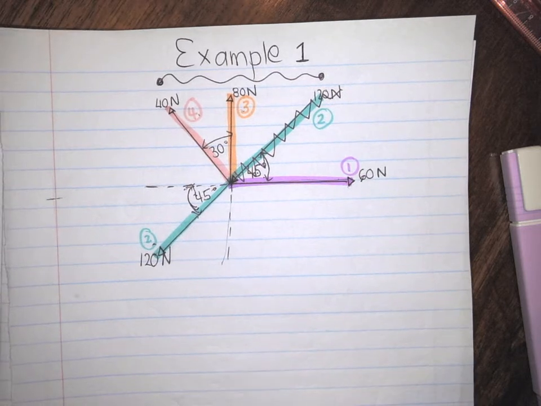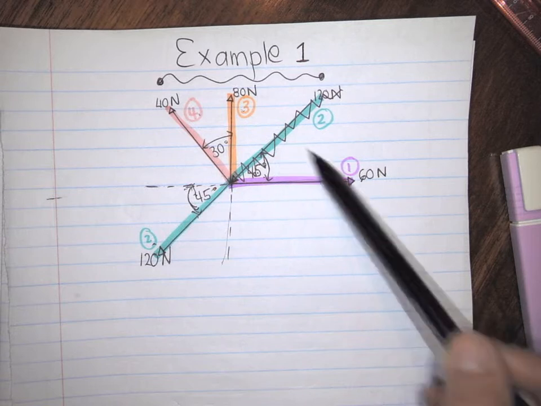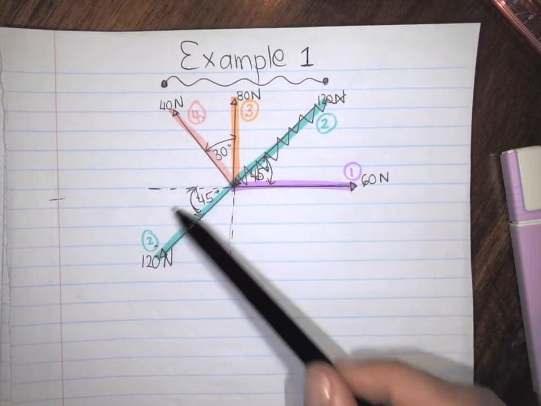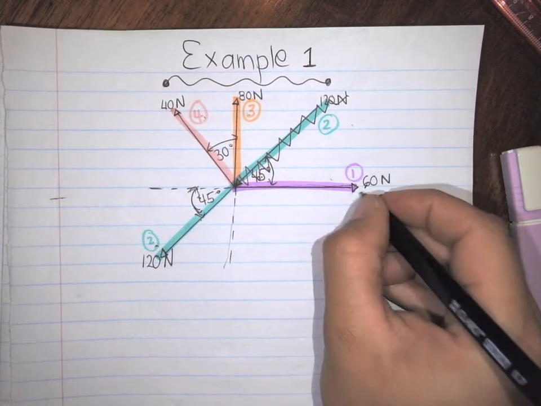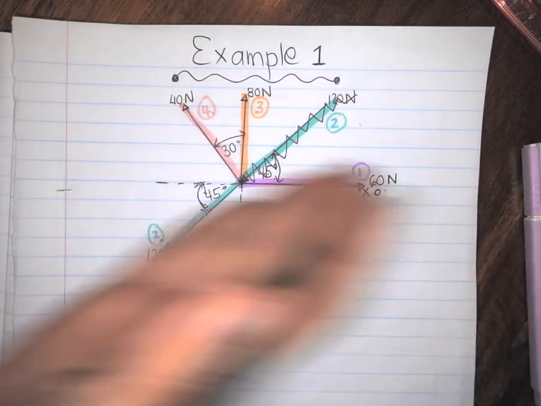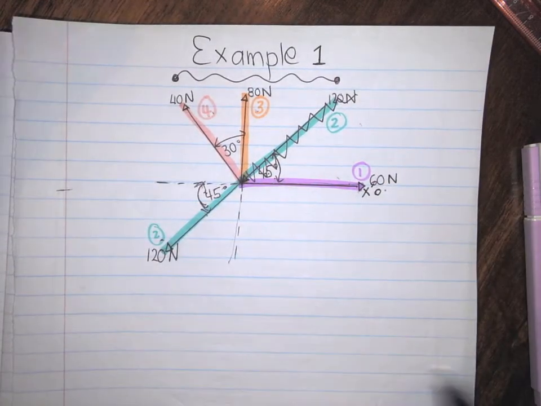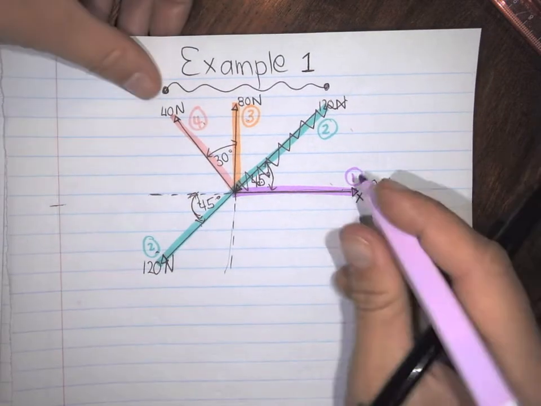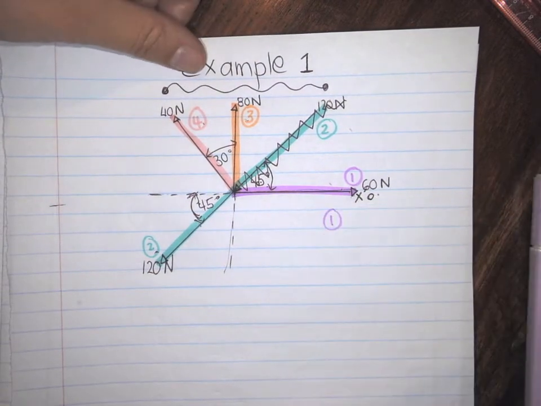But for this example, I'm going to use the other method where we take all of the lines to my 0 degree line. So this is my x, which is my 0 degree line, because you can see that it's lying horizontally. Okay, so I'm just going to number these forces here to make it a little bit easier.